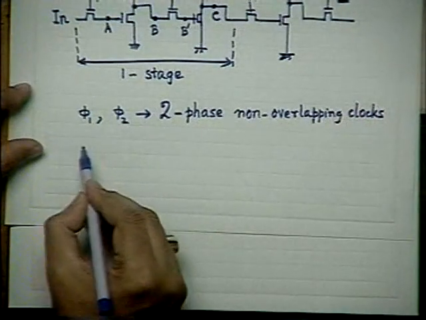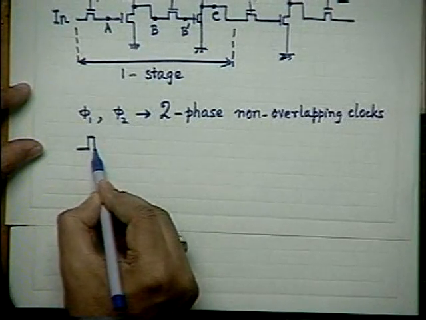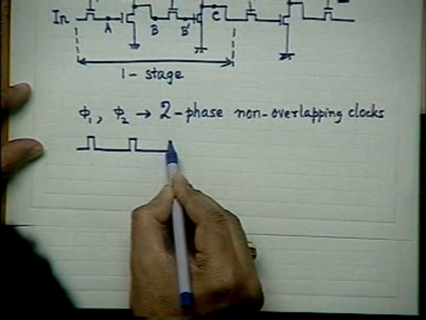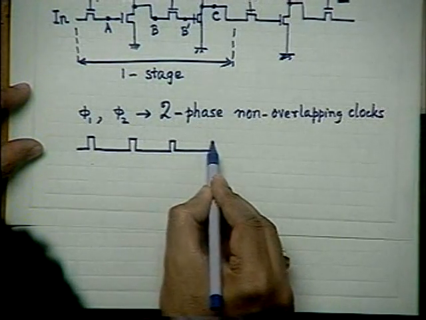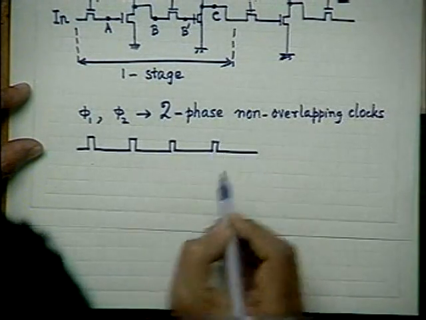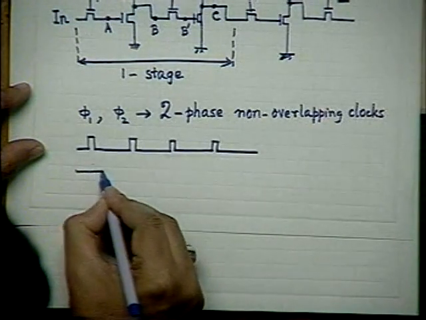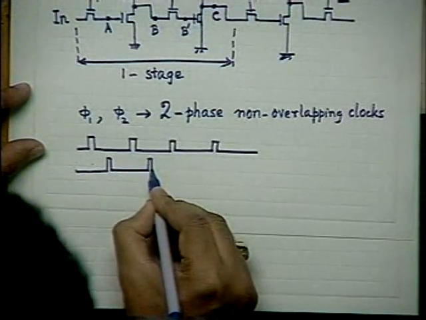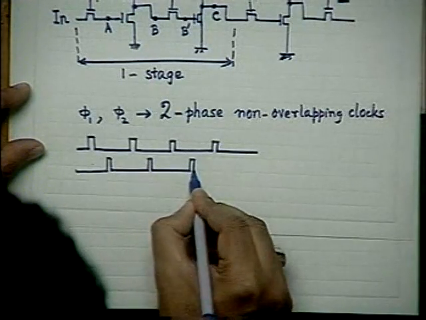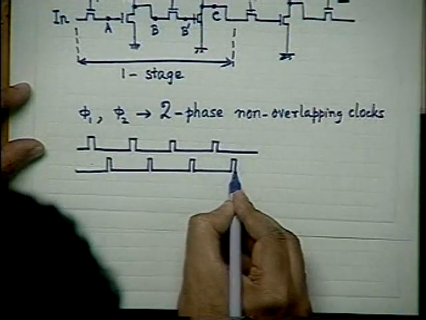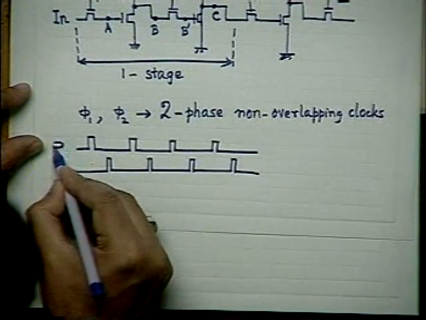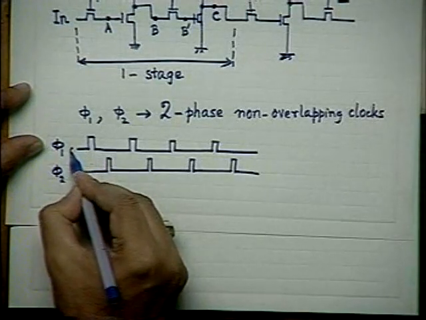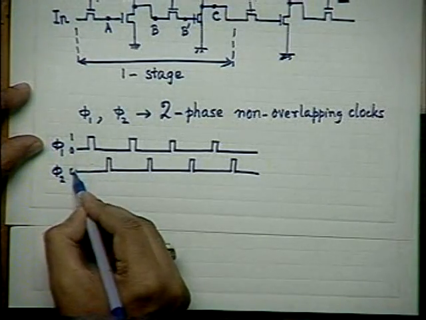They look like this. So this is your phi 1, this is your phi 2. Please remember this is the 0 state and this is the 1 state.